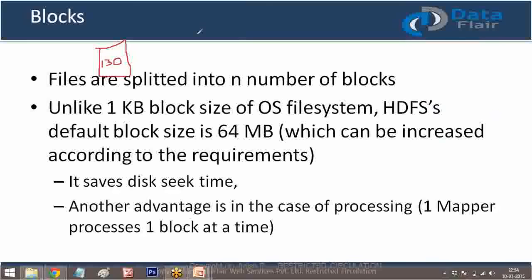So overall 3 blocks will be there: 2 blocks of 64 MB and 1 block of 2 MB. That will be 130 MB with 3 blocks. Let's move ahead.